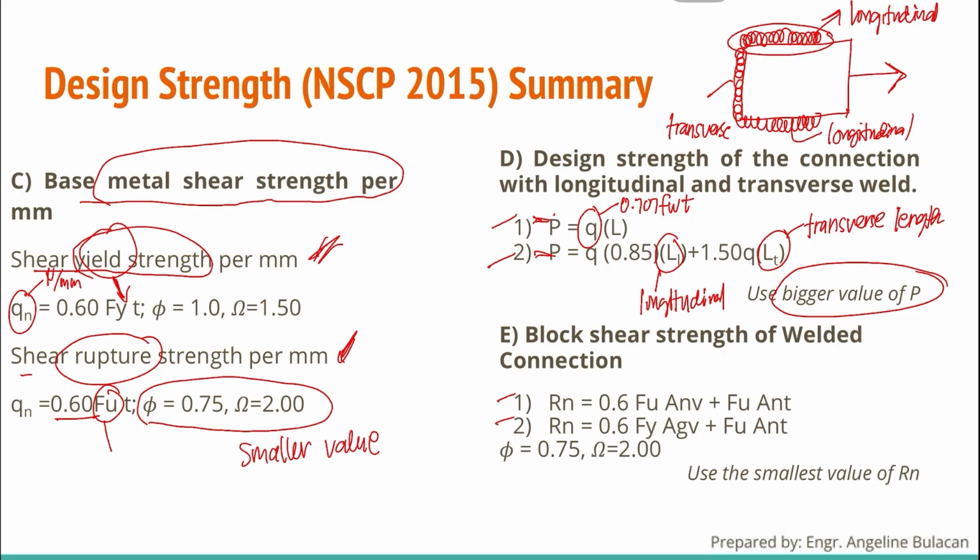Rn is equal to 0.6 Fu Anv plus Fu Ant. The other formula is Rn equals 0.6 Fy Agv plus Fu times Ant. Then again, these are the reduction factor and safety factor used. For these two, you choose the smallest value. For the other one, the one you need to choose is the bigger value.